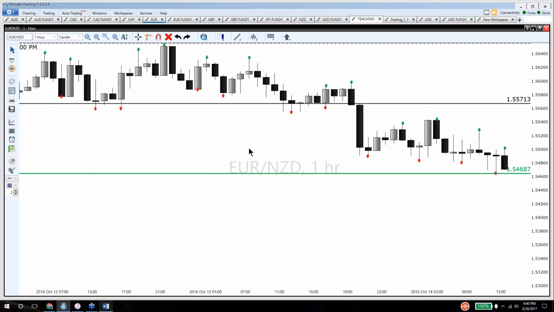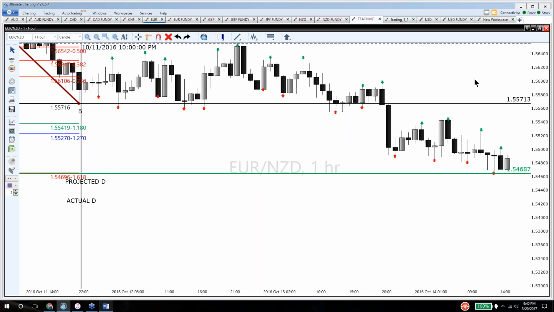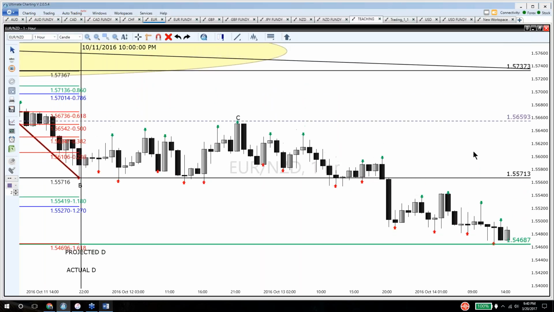Okay? Now take a look at this. Do I draw a new ABCD here? No. Why? Because the Fibonacci is actually giving me my D price, 1.5469, 1.5470 roughly.